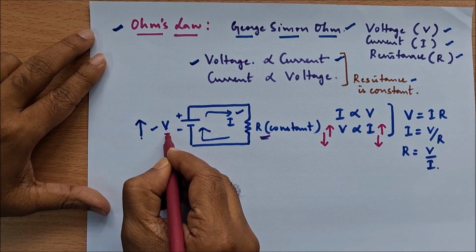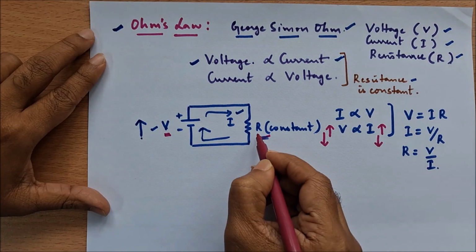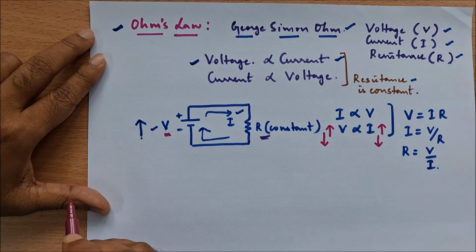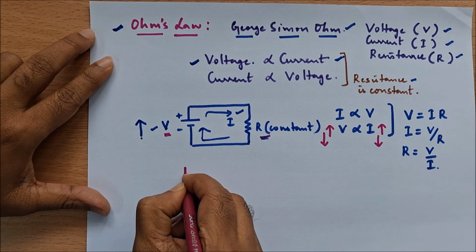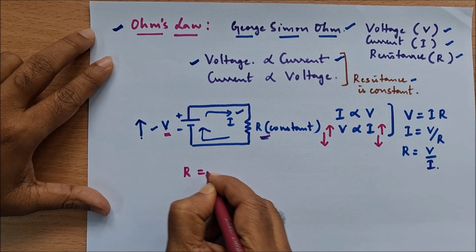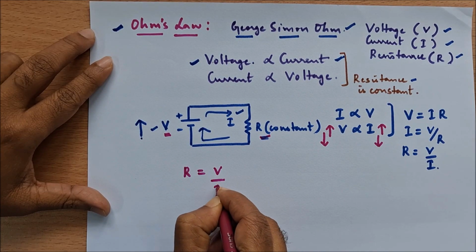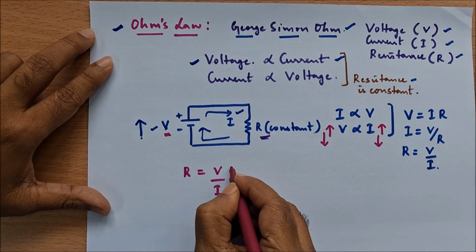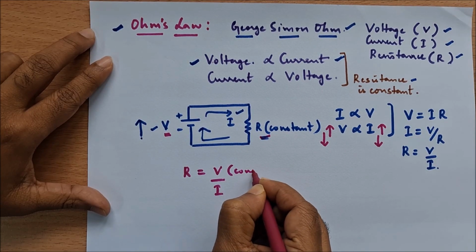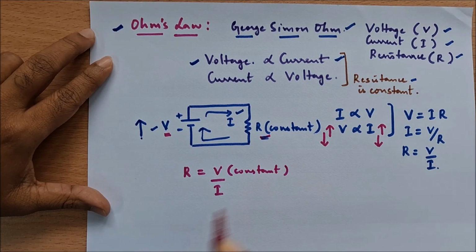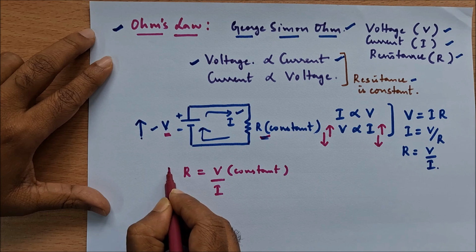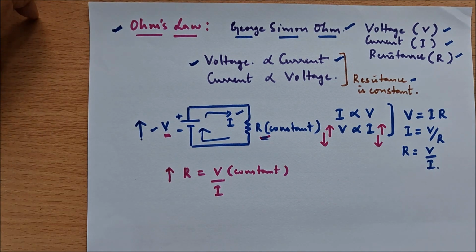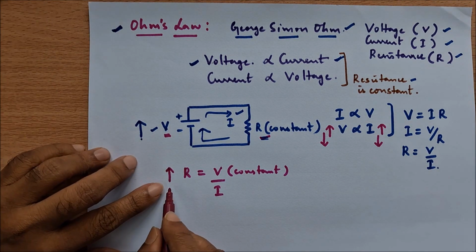Now similarly, what if the voltage is held constant and R keeps on changing? Let's consider the resistance R equal to V upon I. If I consider the applied voltage to be constant, then what will happen if the resistance of this circuit keeps on increasing?